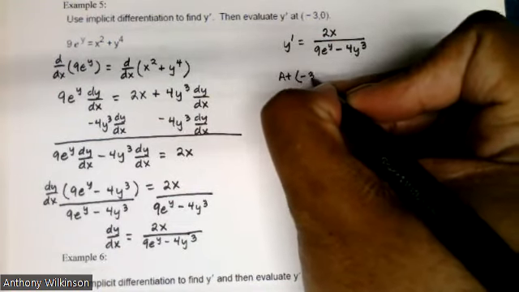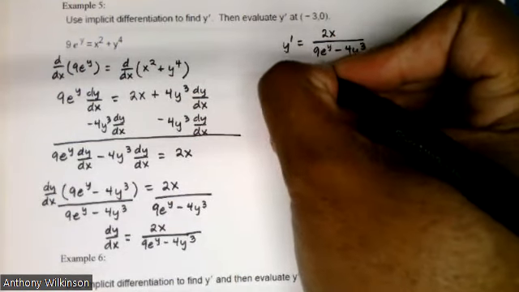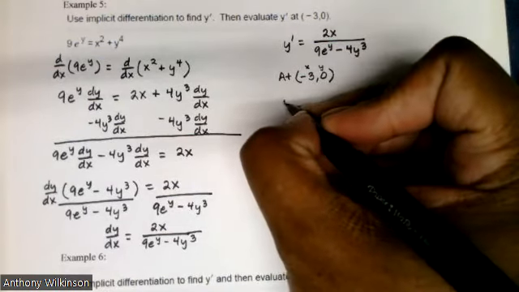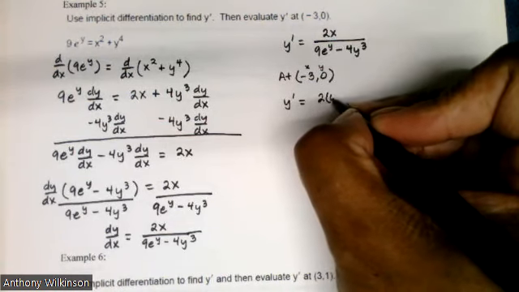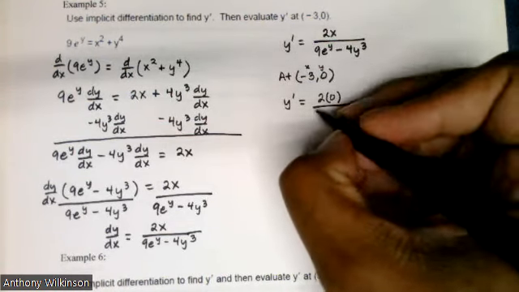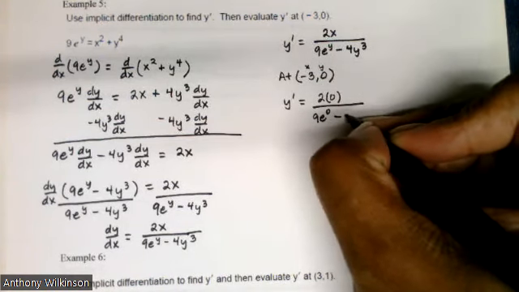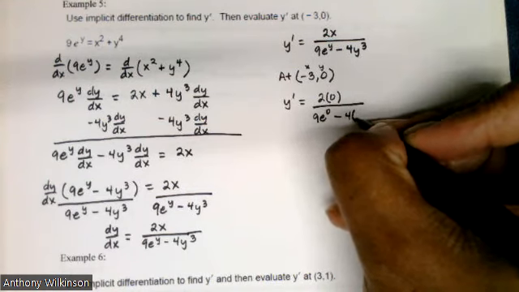Now let's find out what that y prime will be at the point -3, 0. So again, x is -3 and y is 0. We just substitute those values into y prime. So that means y prime at -3, 0 will be this.